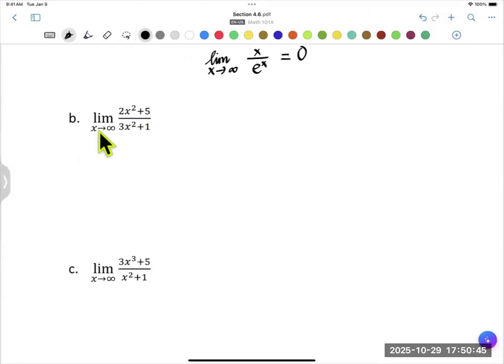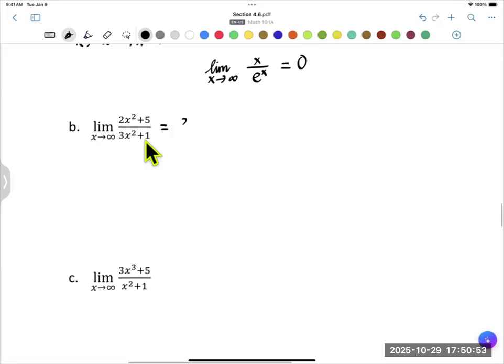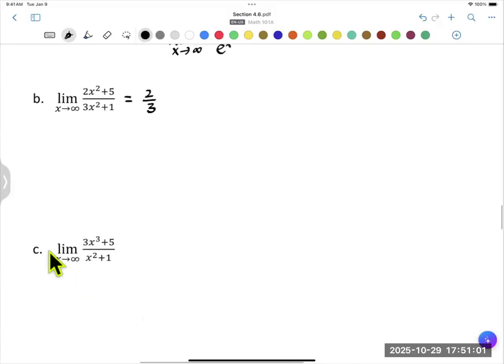Okay, so the next one, part B, yes, they have the same degree. So it means the growth rate is the same, so we have the ratio of the leading coefficients, which is 2/3. So the limit as x approaches positive infinity of this will be equal to 2/3. How about this one? What if the degree of the numerator is bigger than the denominator?